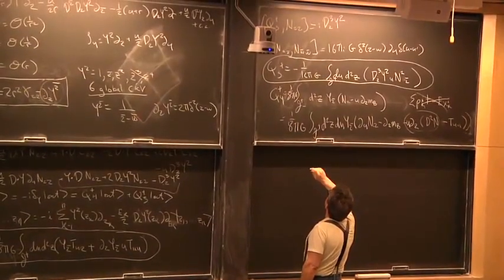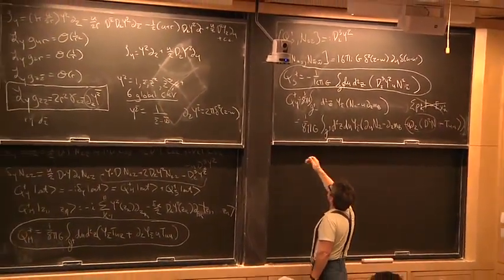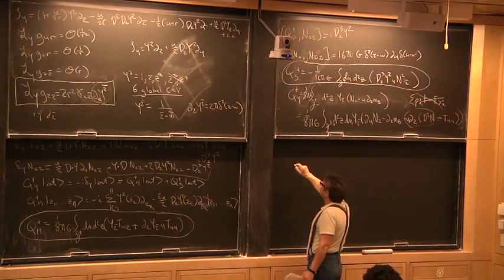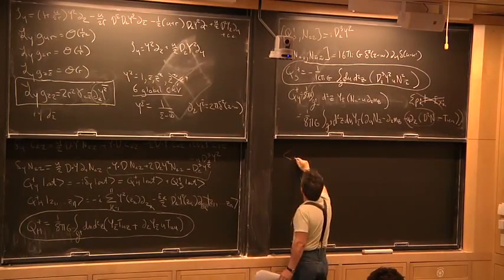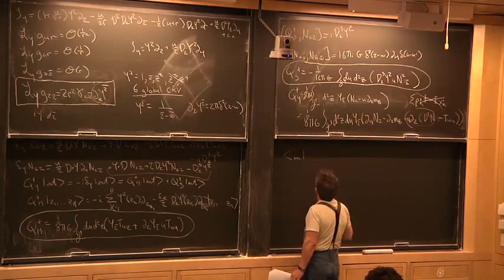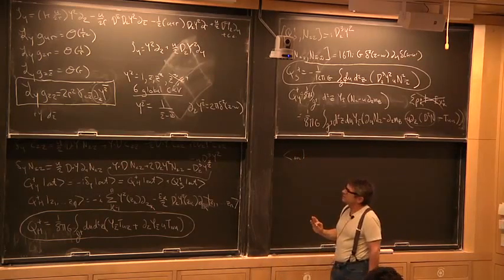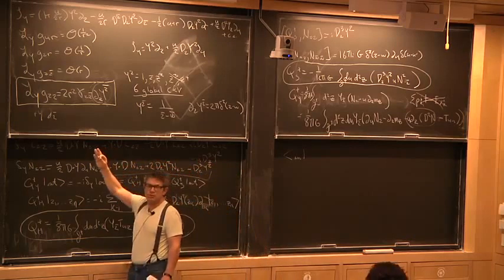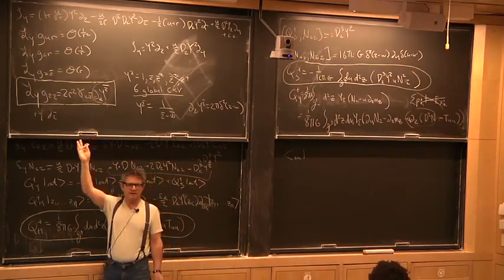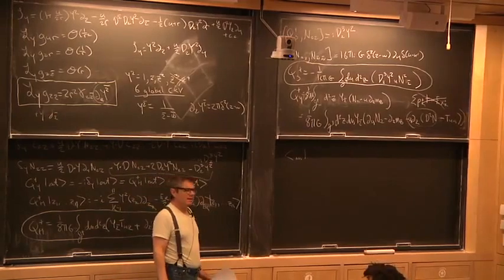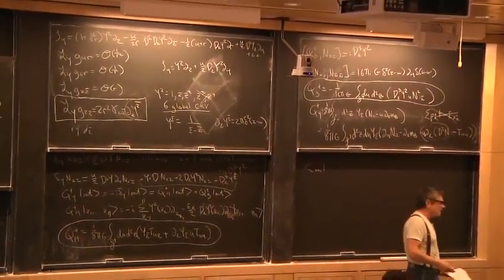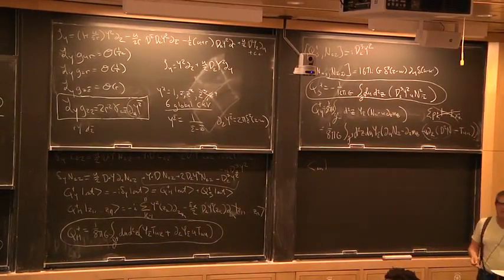Now if this is all true, if these superrotations are really a symmetry of gravity, then the real proof of the pudding, as in two-dimensional conformal field theory, is this.